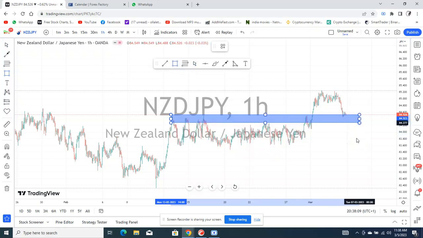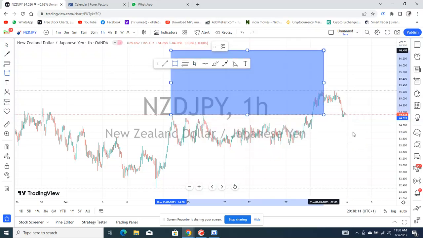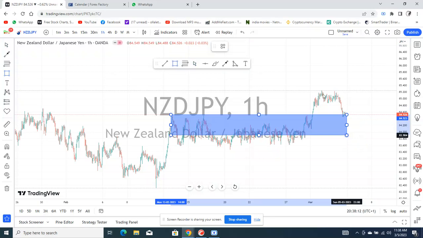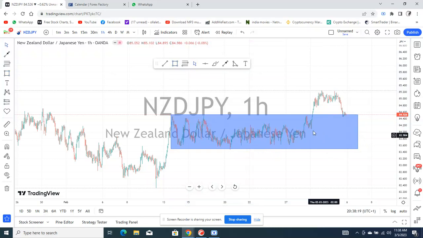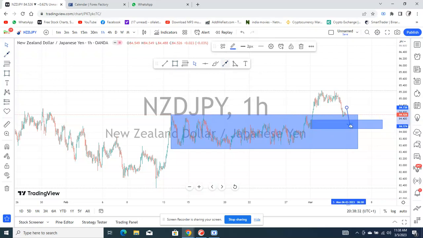This is ranging. Everybody might agree that here is the test of the market. We're expecting price to react to this one, that is here, based on whatever you see in the market, and continue.